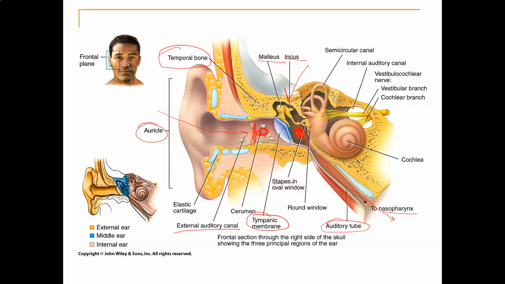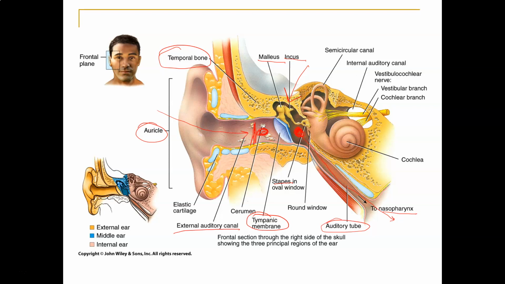That's why when you're, for example, taking off in a plane, a lot of people will chew gum, or if you yawn or open your mouth wide, it helps bring air up into this chamber that will have the same pressure as the external pressure. Now, there's not supposed to be fluid in here, but if you do have a middle ear infection, then the auditory tube can help drain that away.